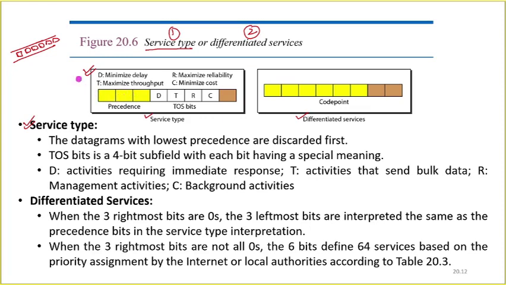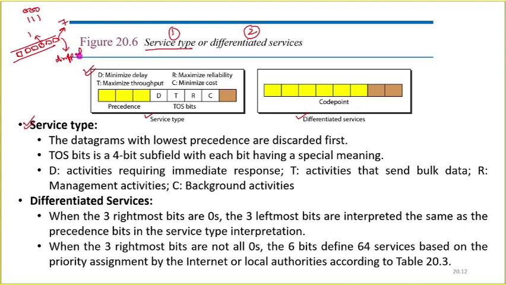Each packet is given a precedence. There are 3 bits, ranging from 000 to a maximum of 111. So if one packet has a preference of 7 and another has a preference of 1, then if there is congestion, the first one will be retained in the communication, and the seventh one will be dropped.